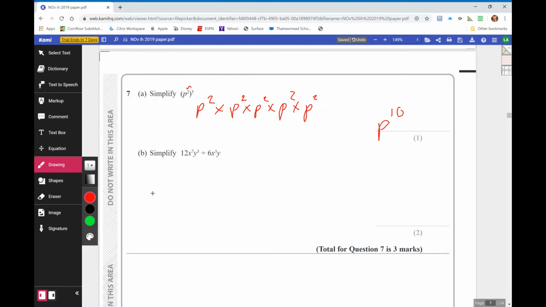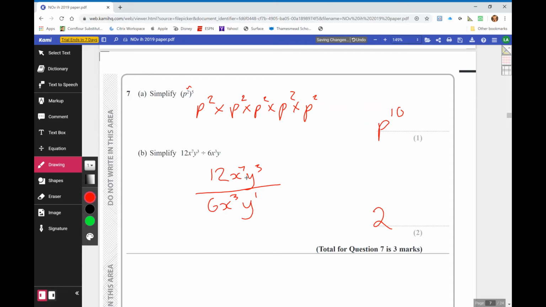All right, now when there's numbers and indices, you can write it out. I prefer to write it like this. They always seem to write it as a division. And you can even put in the 1 there, just so you don't forget that that y is a power of 1, because it's there, has to be a 1. So then when you're doing the numbers, act like a division. So 12 divided by 6, which is going to be 2.